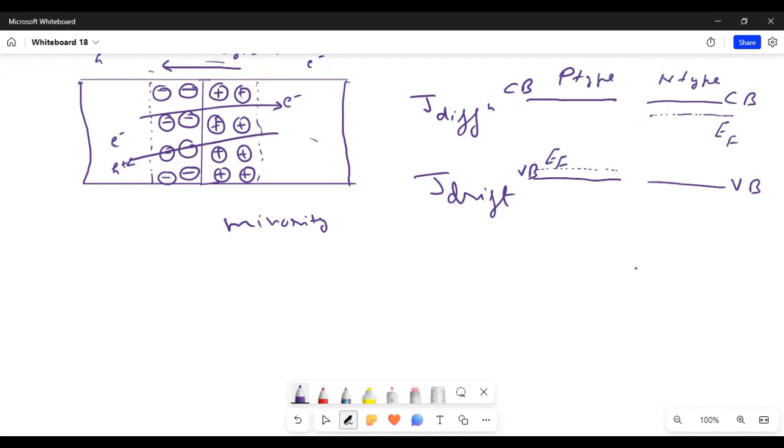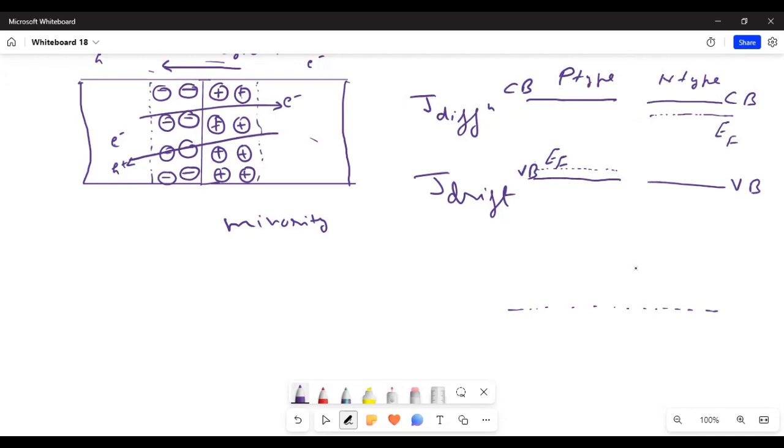Now, what happens when they are made in contact? They align their Fermi level throughout, from the p side to the n side it will be the same. What does that mean? For alignment, we have to shift this downside and this upside.